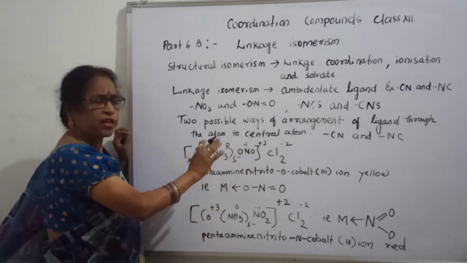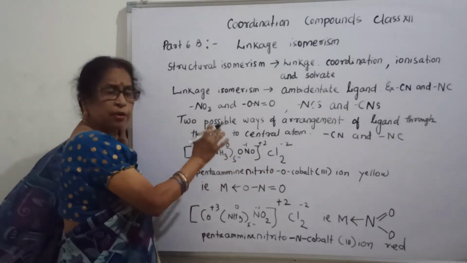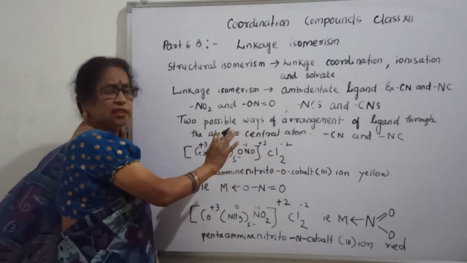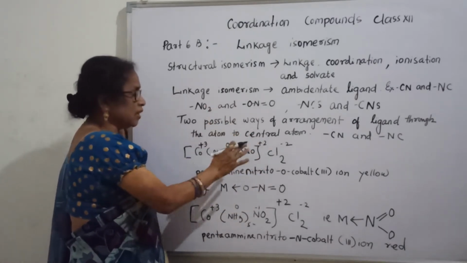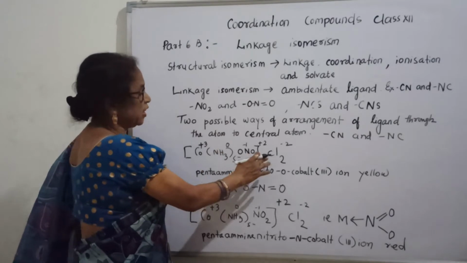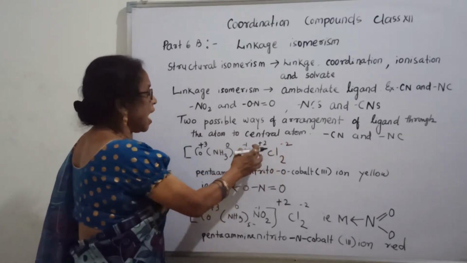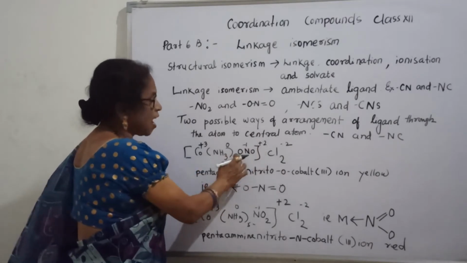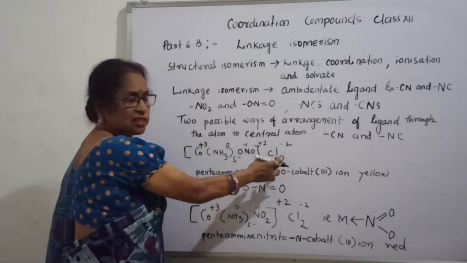The charge is not given, only Cl2. When you see the formula, there is no charge on the chloride except Cl2, so from that you should know the other charges. Cl2 is -2 because Cl is -1, so the complex should be +2. This is the cation, the complex, and this is the anion, the acid radical.